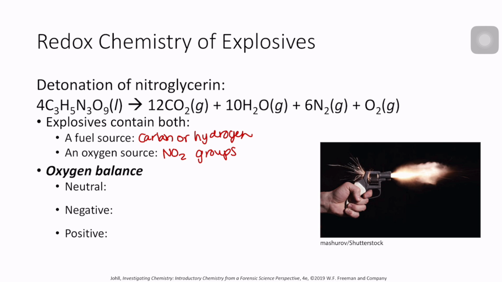When we're talking about the oxygen balance, we have either a neutral, negative, or positive. So a neutral oxygen balance is where you have enough oxygen to completely oxidize the carbon and hydrogen.